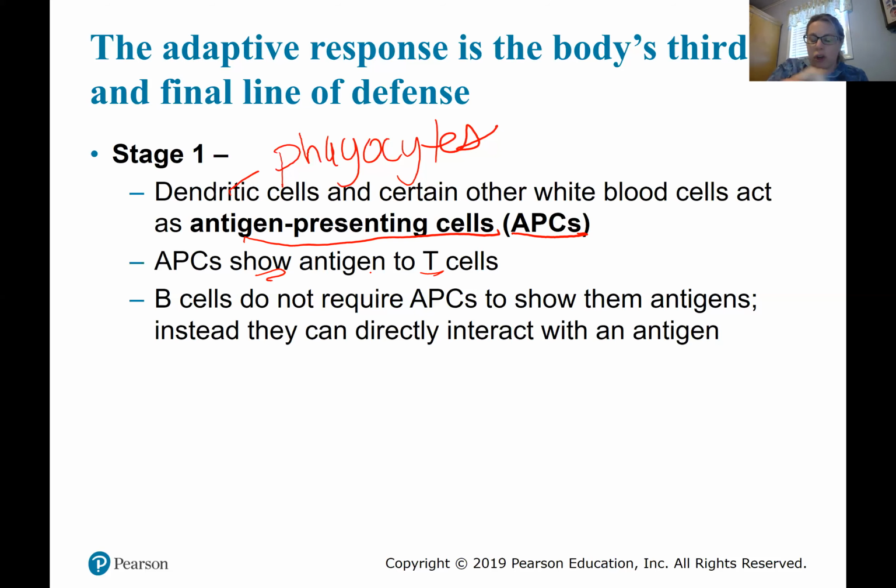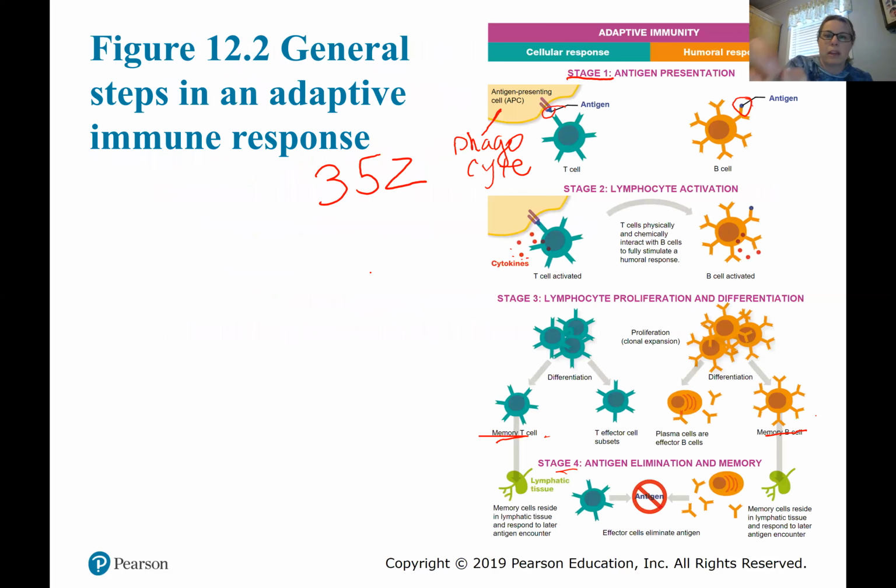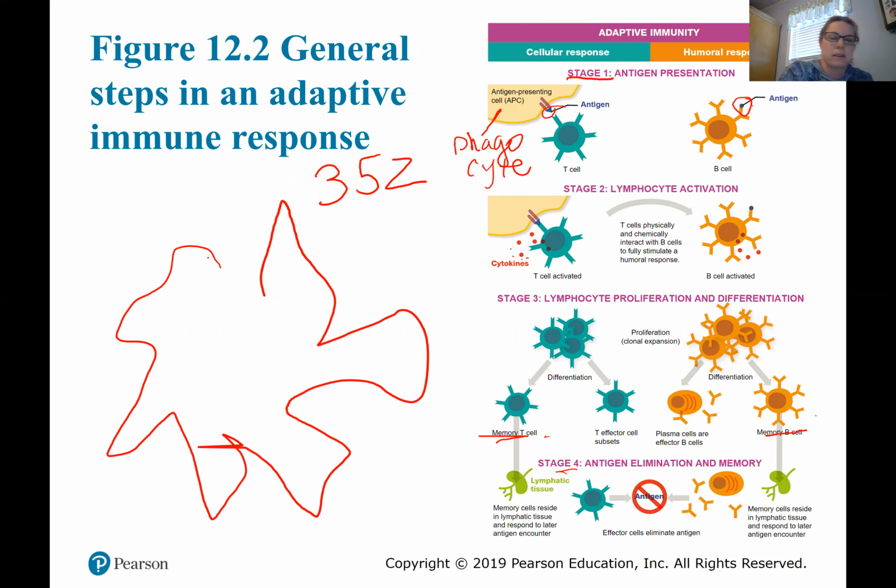So if we move back up here, if we enlarge this, dendritic cells have kind of a crazy shape to them like this, and they have ingested a bacterium. Here's maybe E. coli, and on this E. coli they have a round little antigen, this little structure right here.